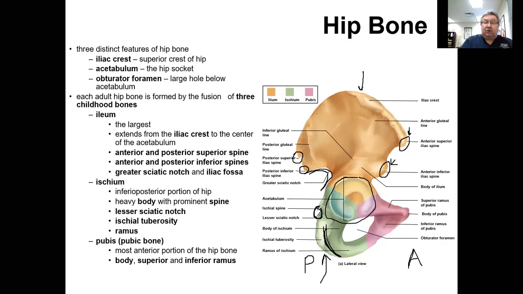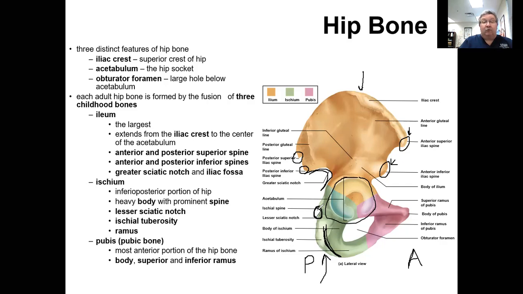Again, the ischial tuberosity is your guide. You sit on your ischial tuberosity. Your ischial tuberosity is posterior, which means the other side is going to be anterior. All right, that's an important landmark for you guys to understand.